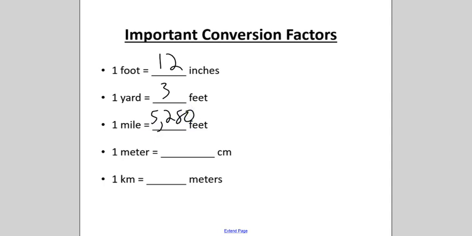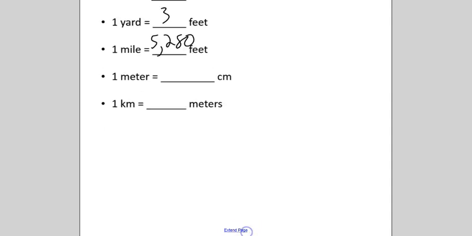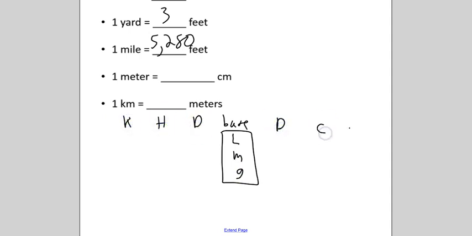1 meter is how many centimeters? Well, we're going to go down here and do a little reminder on how easy metric is. So this is going to be your base units in the middle. And this is going to be liter, meter, and gram. And then we have king, hectare, does, drink, chocolate, milk.